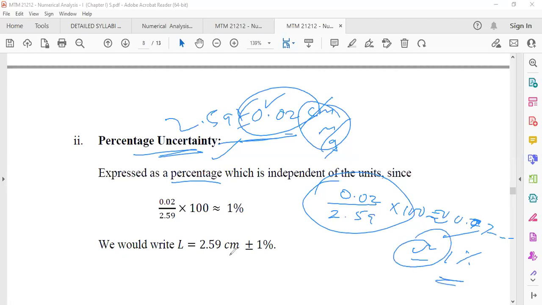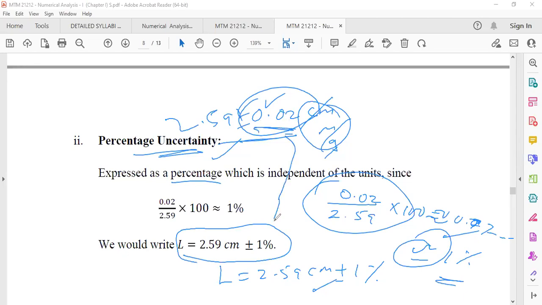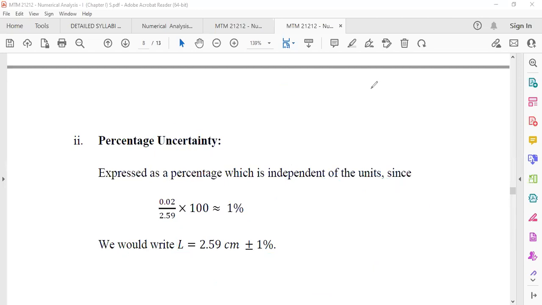So L can be 2.59 centimeter with plus or minus 1%. The same 0.02 can be written as 1%. These are the two ways of uncertainty representation.